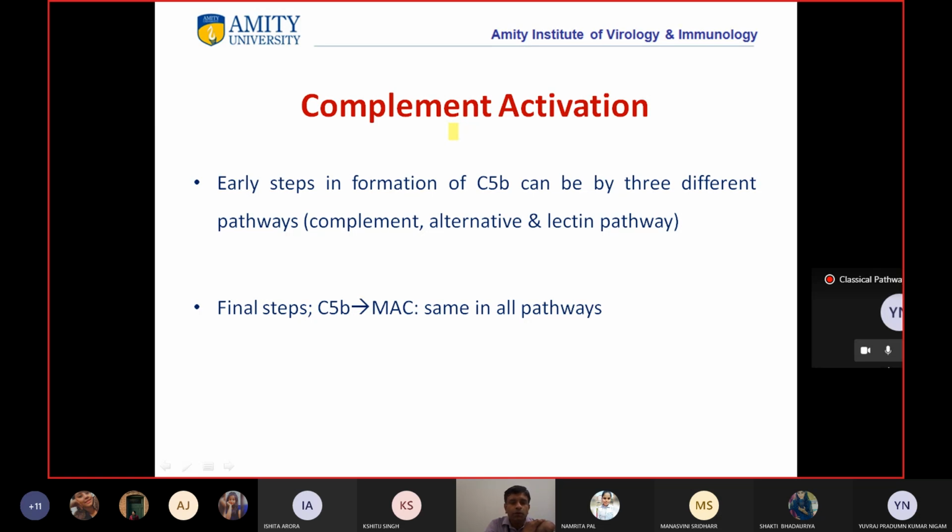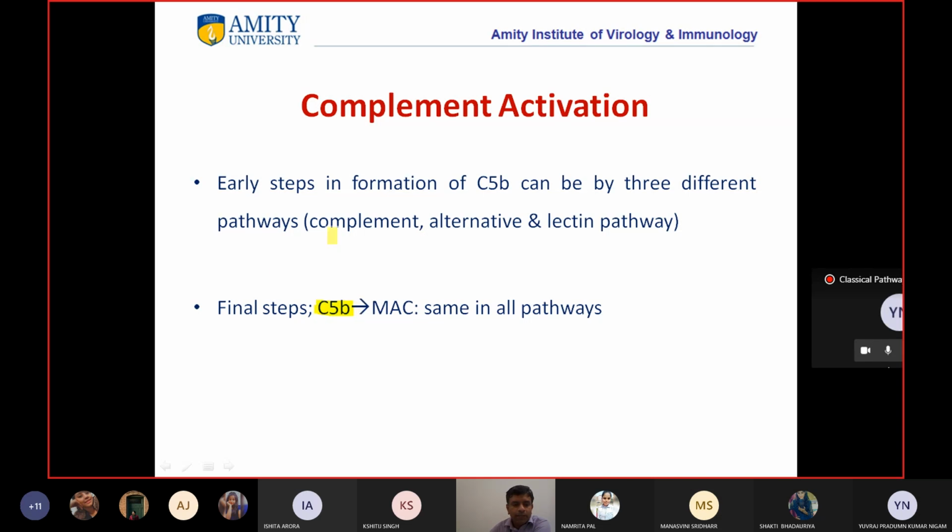So the early steps in formation of C5b can be by three different pathways, but the later steps of the pathway are common. Ultimately, from the different pathways, it leads to formation of C5b.